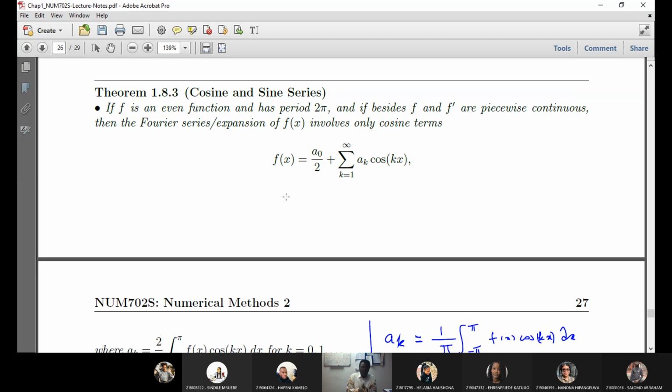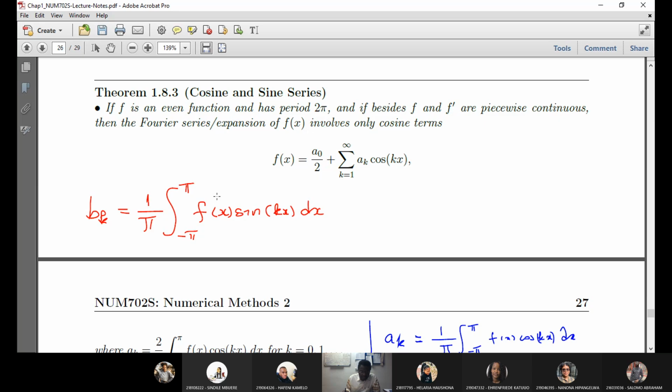Why? Because the function is even. Let me show you here. This function f is even, right? Now, this is the expression of bk. Bk, if you recall, is 1 by pi integral from negative pi to pi of f of x sine kx dx.